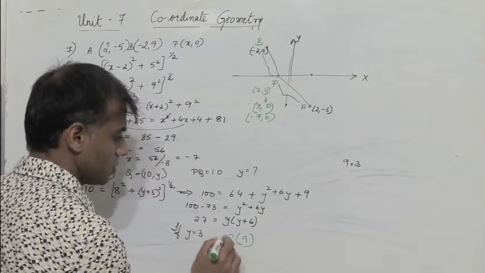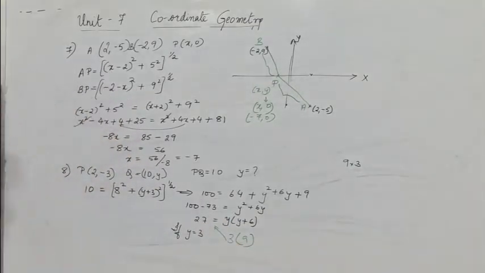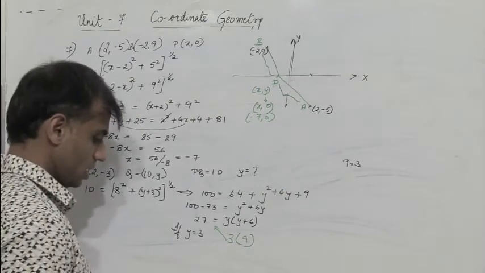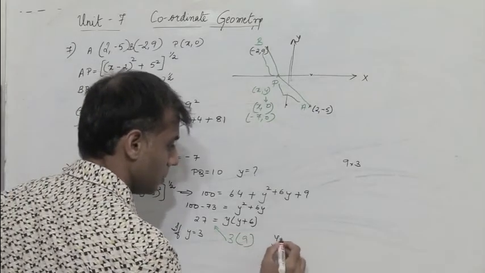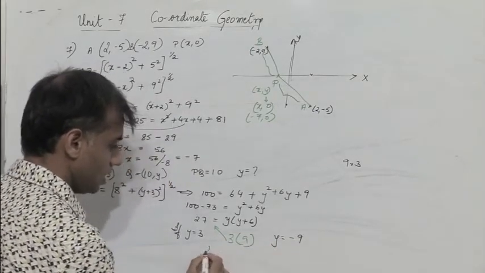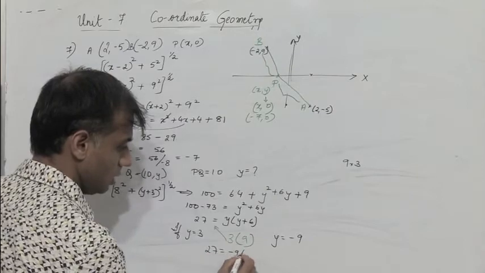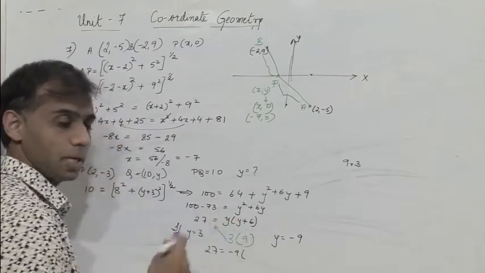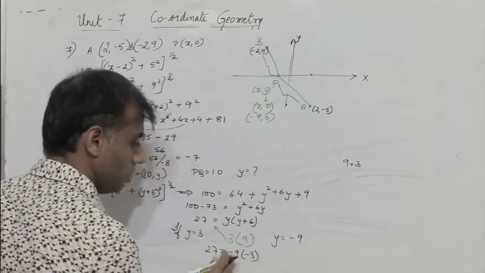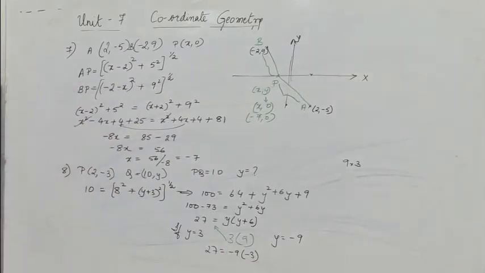So 9 into 3 gives me 27. But what happens if y is equal to minus 9? Then y plus 6 is minus 9 plus 6, which gives me minus 3. Minus 9 into minus 3 gives me 27.